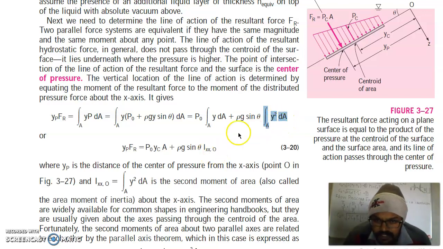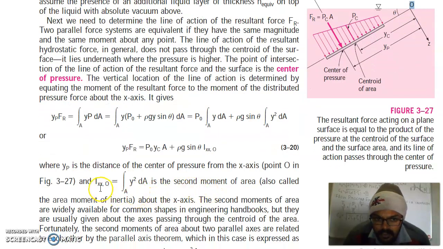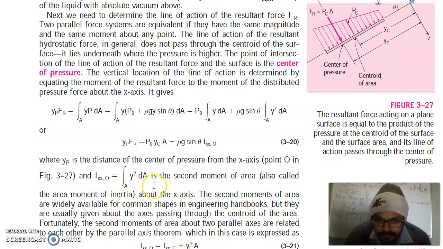We write this as Ixx about the point O. So Ixx about O means your second moment of area, the integral of y squared dA, also called the moment of inertia about the x-axis.